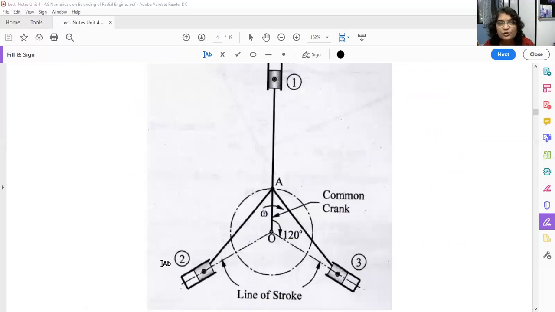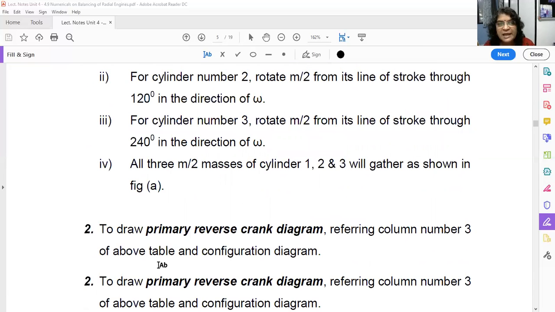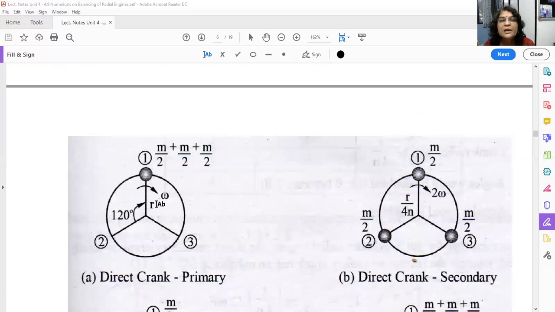Okay, so consider this diagram. I have to rotate cylinder number 1 by 0 degree, so it will remain here only. So I have written m by 2. Then cylinder number 2, we have to rotate by 120 degree in the direction of rotation, that is clockwise. So it will also come here. This m by 2 is for cylinder number 2.